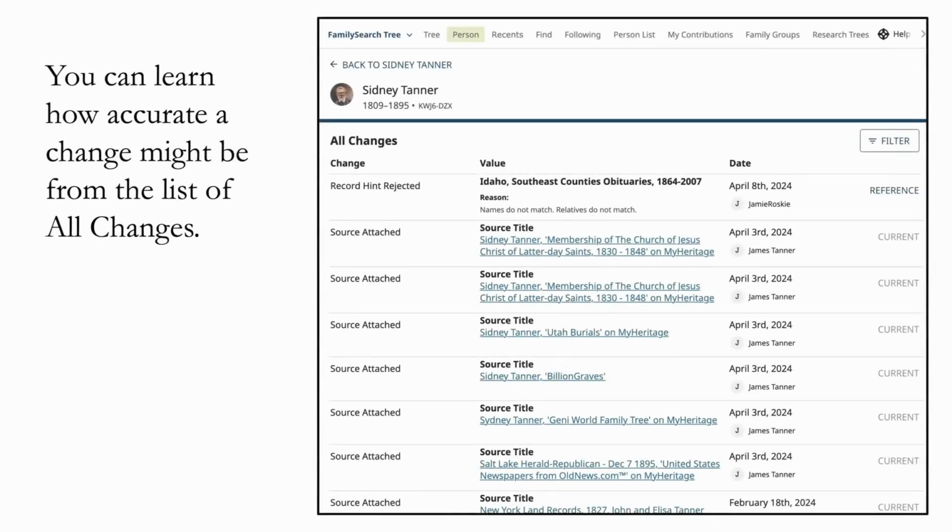So you can learn how accurate a change might be from the list of all the changes. That means that if you read through here and see what's been put in, you can see the types of sources that we're working on. We're not just working on the BMD, birth, marriage, death, and the census records.